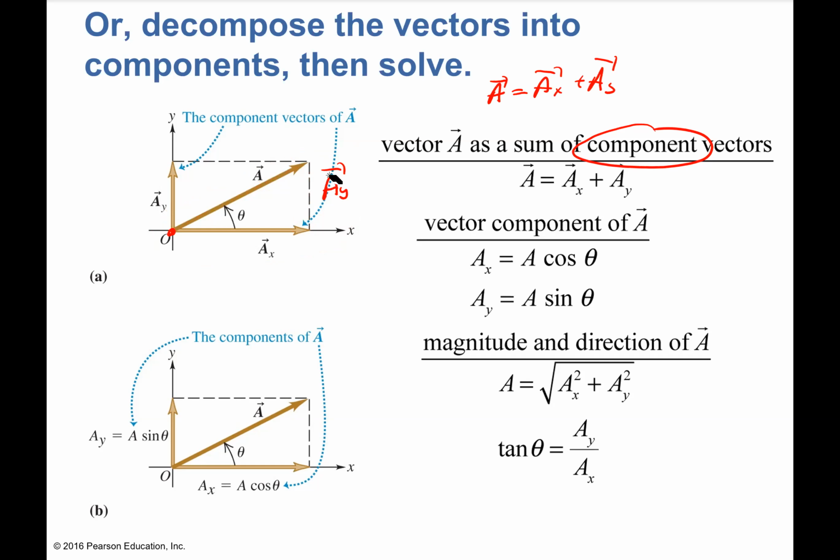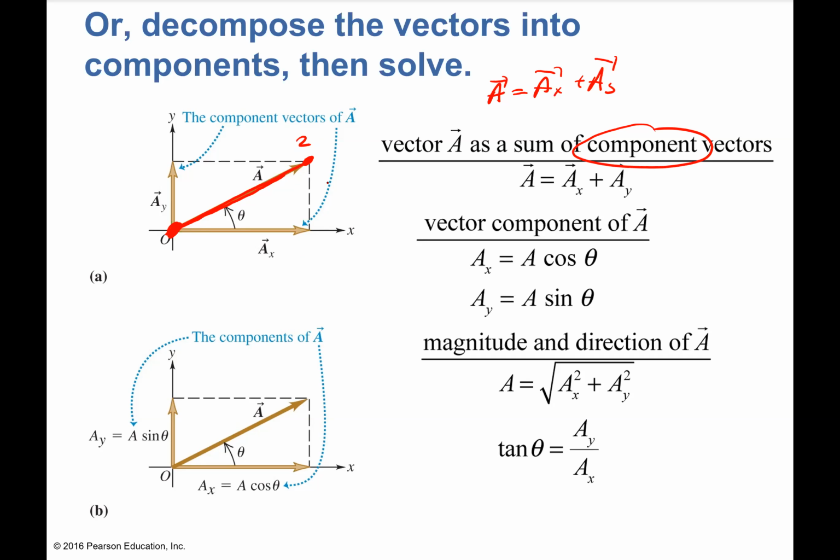I can take vector A and break it down into its x and y components, because think like this. If you go from the origin along that vector A to get to the point, that's one way to get there.